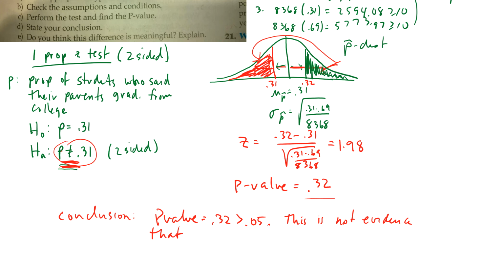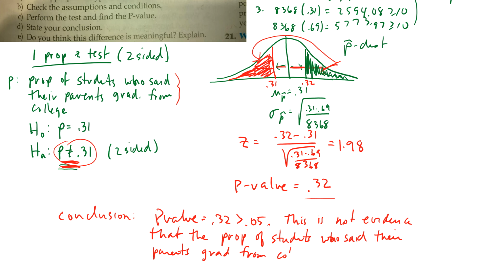Ooh, but put that in context. What in the world's p again? Oh, that's good, I got it right here. The proportion, this is another reason to write it out like that, the proportion of students who said that their parents graduated from college.